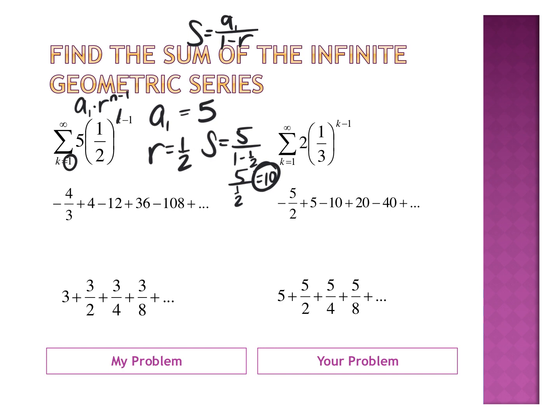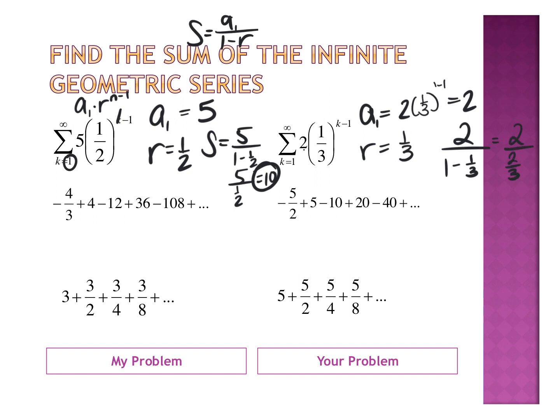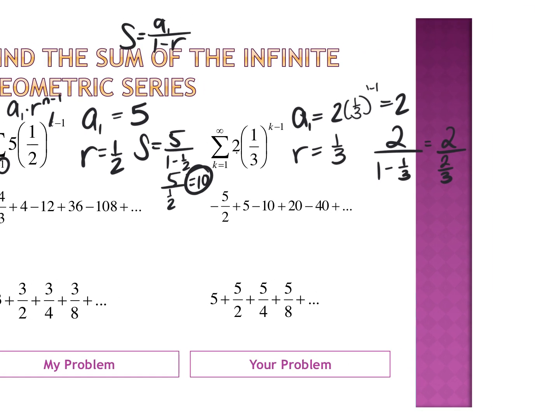Okay, you should be done doing this by yourself before you watch me do it. My a1 is 2, because of the 2 times 1/3 to the 1 minus 1, that's going to give me 2. And my r is the 1/3. So a1, 2, over 1 minus r, divided by 1 minus 1/3. That's 2 over 2/3. 1 minus 1/3 is 2/3. Multiply by the reciprocal, times 3 over 2.